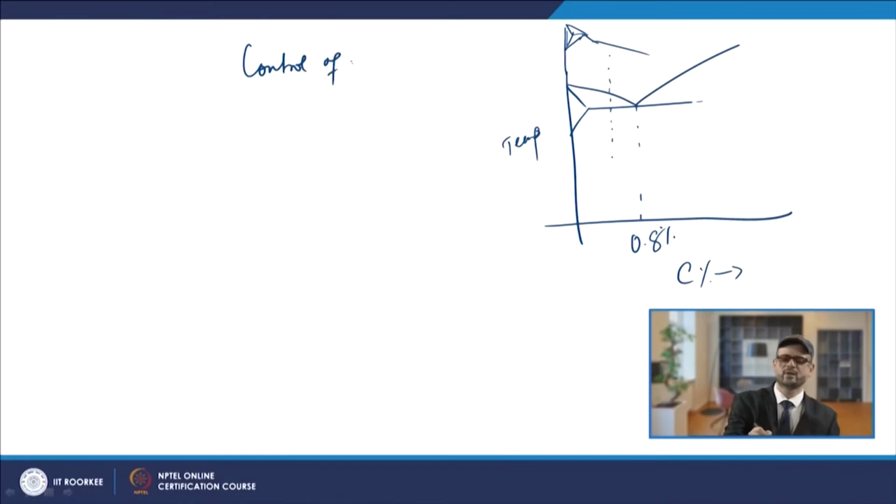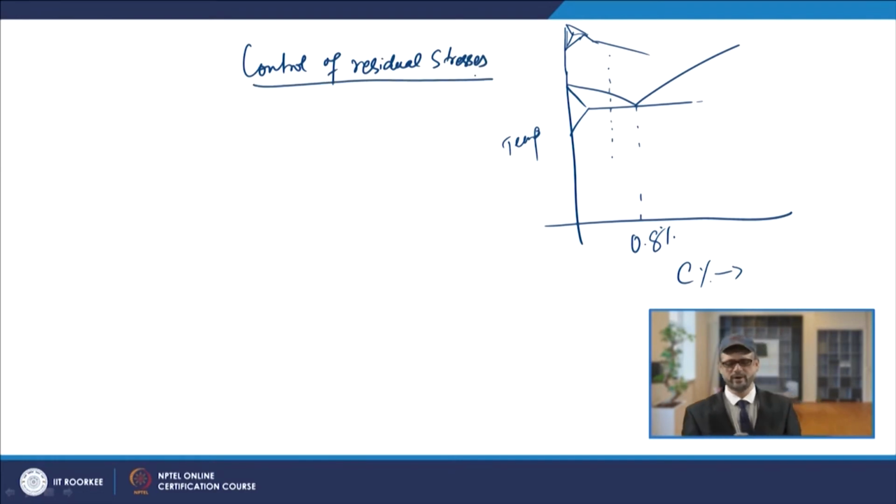So we must have ways to control these residual stresses, and there are many precautions to take. For controlling the residual stresses, there are different points. First, you must have an appropriate type of design.